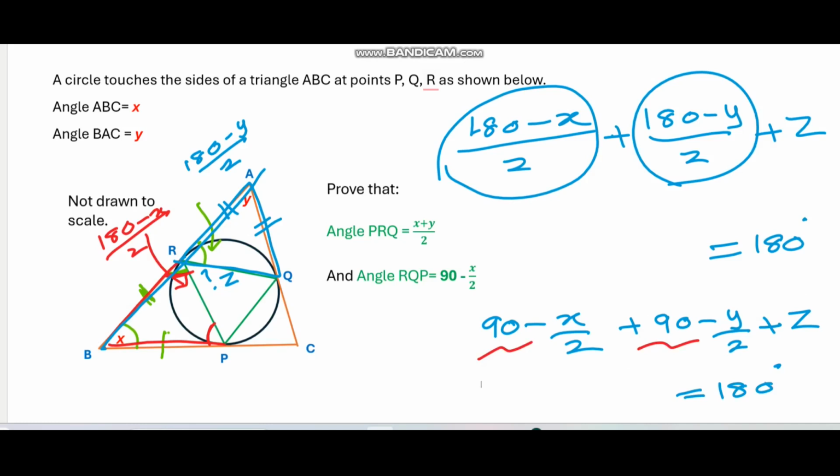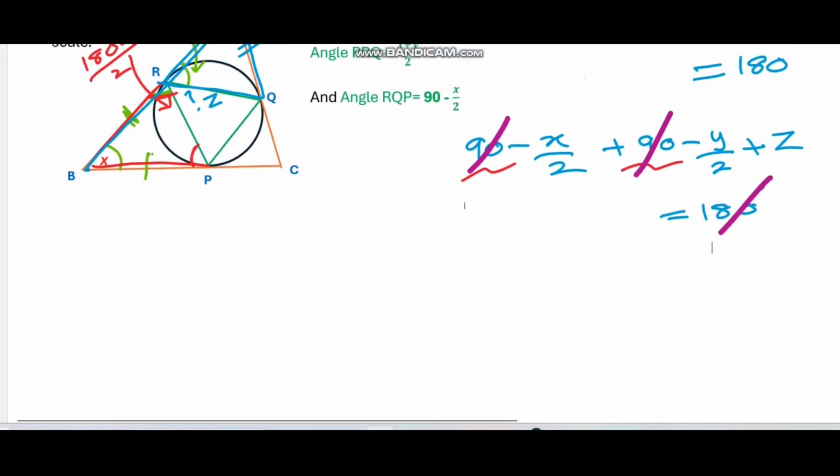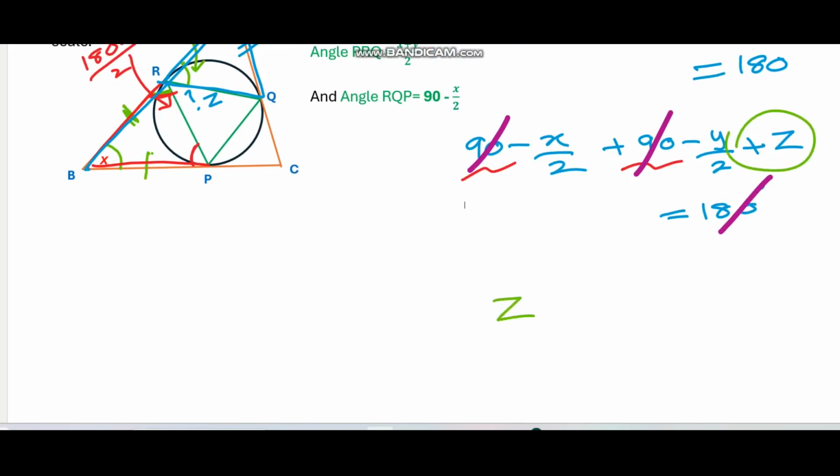So if you imagine taking away 180 from both sides, all these numbers will disappear. So what we will be left with is the following. I want to write z at the front, then minus x over 2 minus y over 2 equals 0.